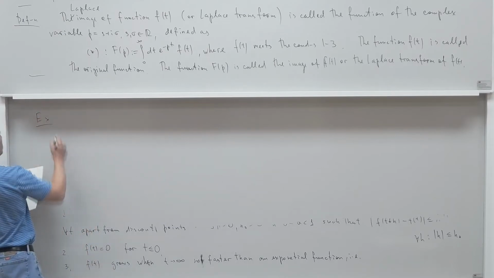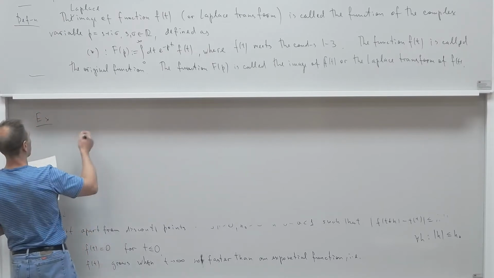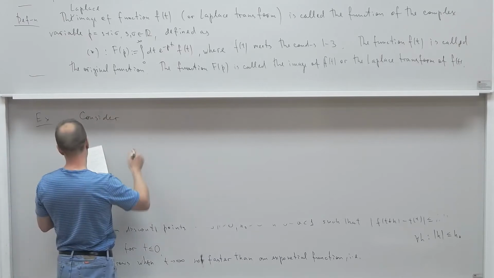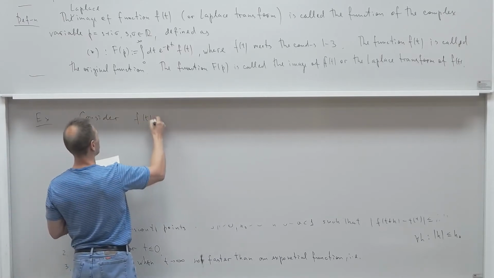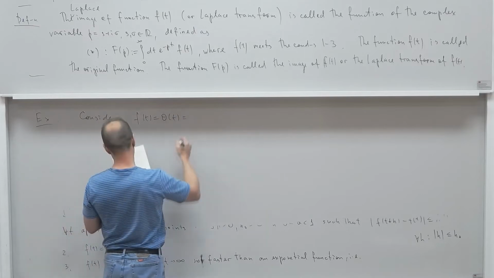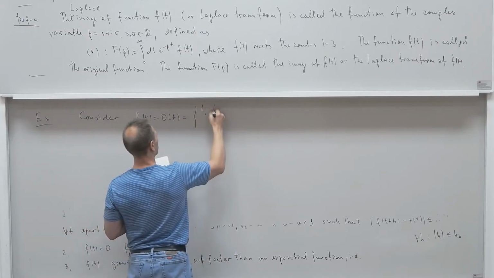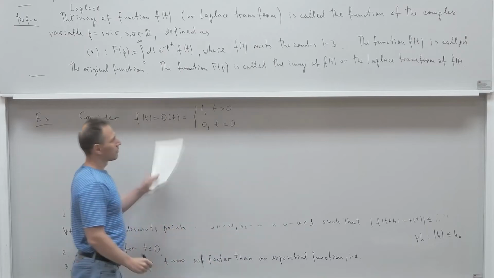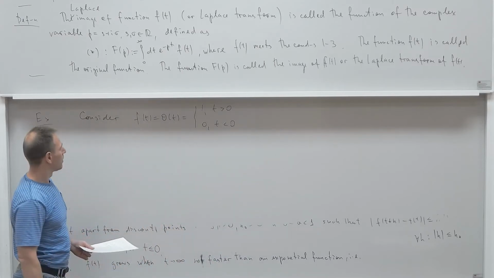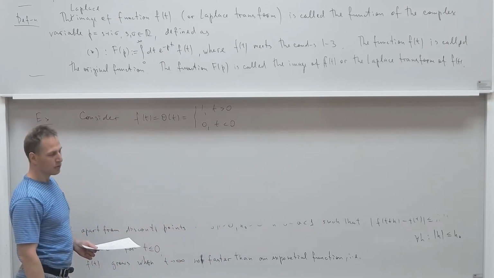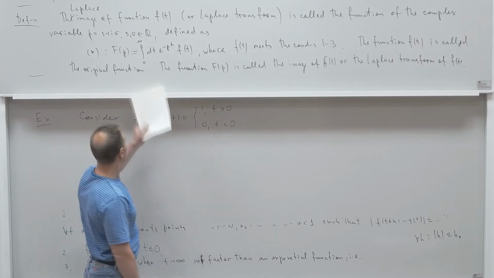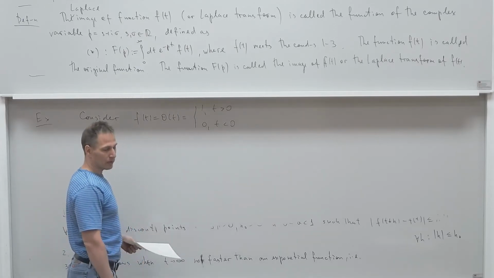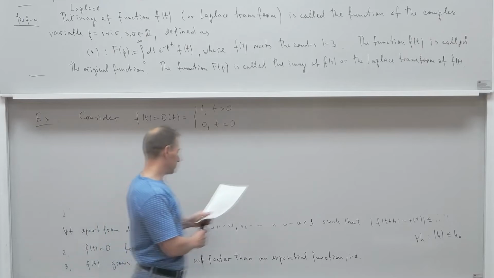So, the example: consider f of t, which is equal to the unit step function. Its value at the point t equal to 0 is allowed for this definition because the contribution at this point is negligible.